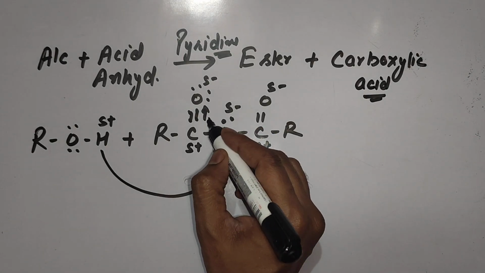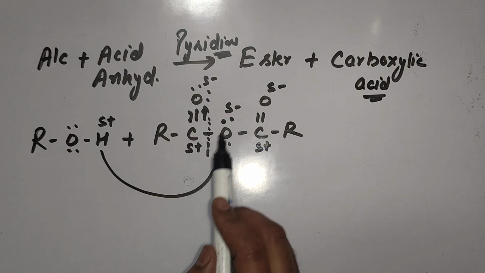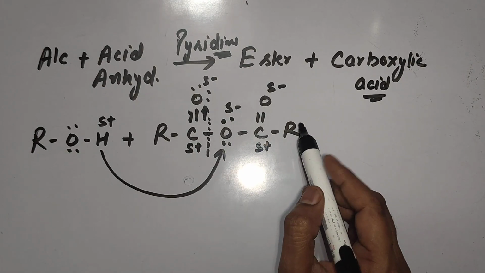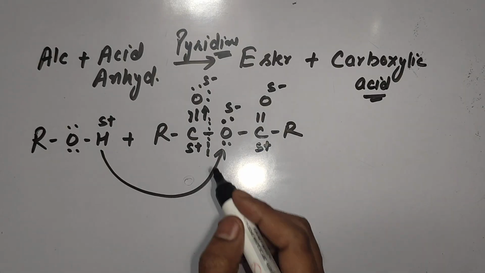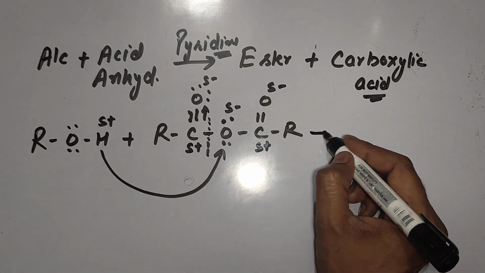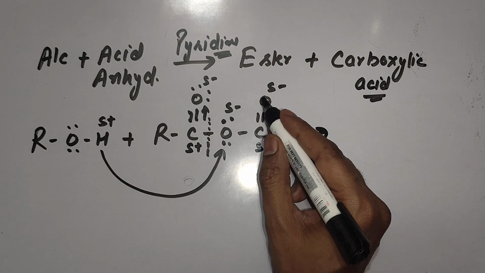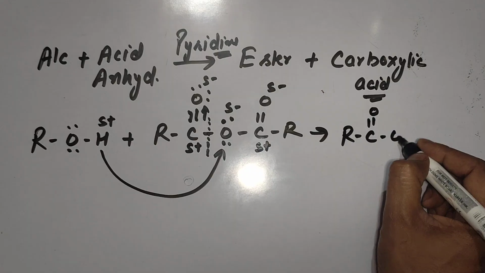Bond will break. Now from which side the bond will break, it depends on the R group. During the mechanism, I will discuss it. So let's break it. H will combine with this part. So the side product will be, you can check R, C, O, and H, means RCOOH.